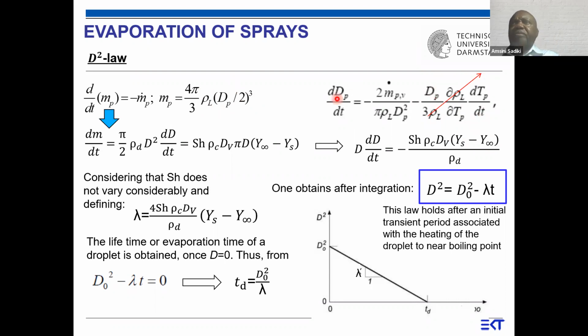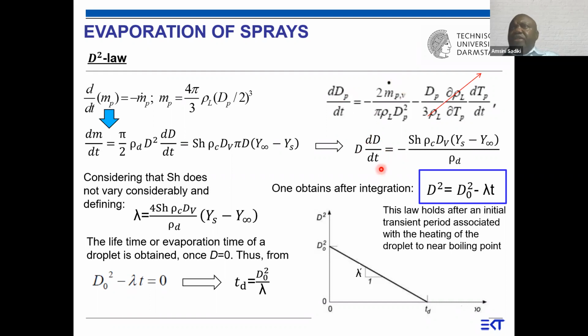Then we have the dependency between the time variation of the density, of the diameter, and the evaporation rate. We can introduce this evaporation rate here, and we will get this expression again.